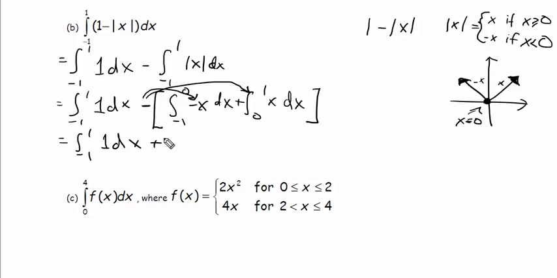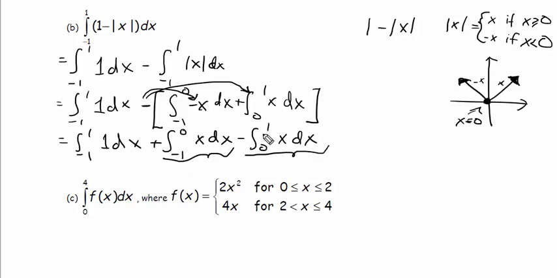Negative times negative positive, negative times negative positive, so plus integral from -1 to 0 of x dx minus integral from 0 to 1 of x dx. Now, notice that these two are not going to cancel out even though they're both x dx, because this is from -1 to 0 and that's from 0 to 1. So now I've used the rules.